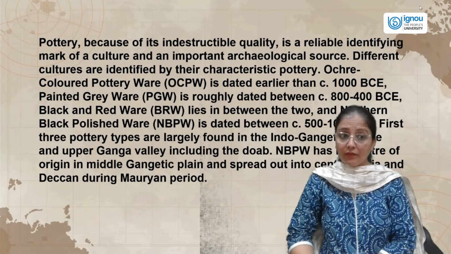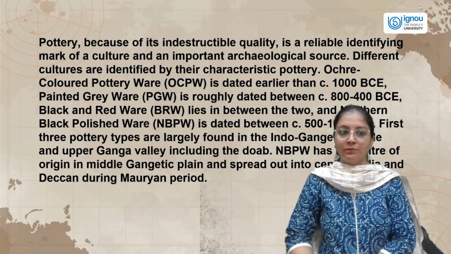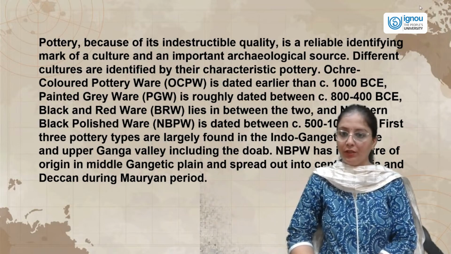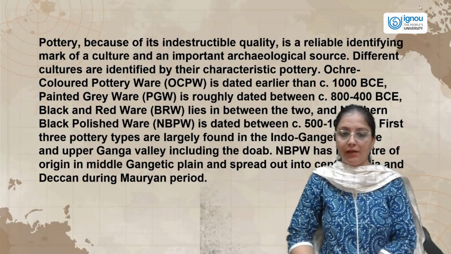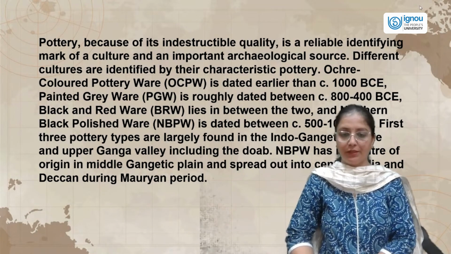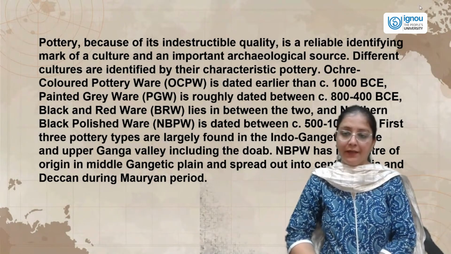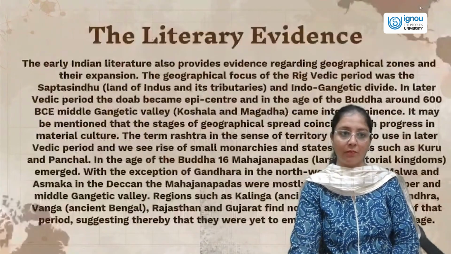These three pottery types are largely found in the Indo-Gangetic Divide and the Upper Ganga Valley, including the Doab. NBPW has its center of origin in the Middle Gangetic Plain and spread out into central India and the Deccan during the later period. We study more about NBPW in our history.